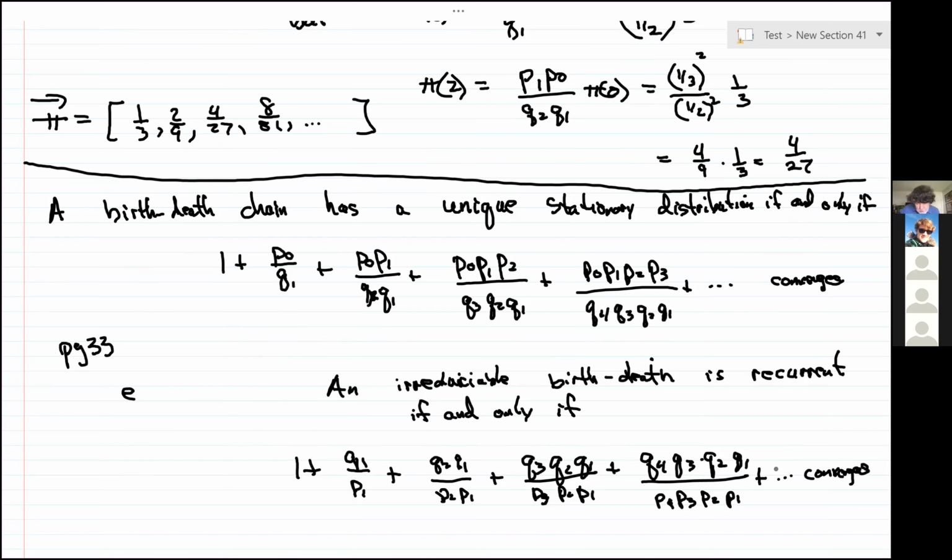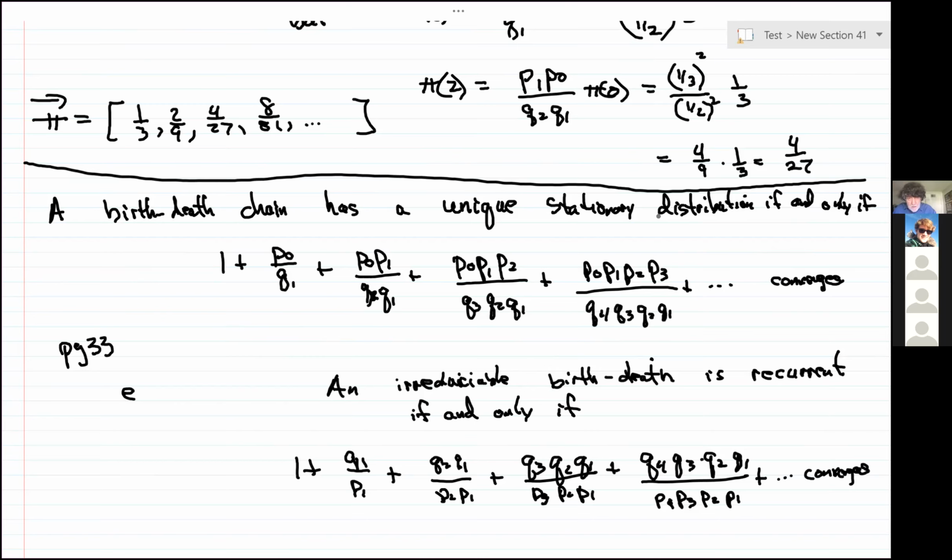Okay, so we have two properties that correspond to birth-death chains. This one was from chapter 1. If this infinite series converges, then it's recurrent. And if this infinite series converges, then it has a stationary distribution.